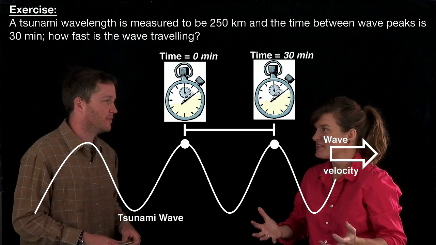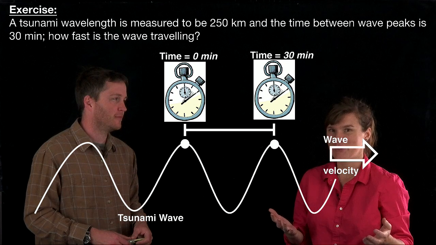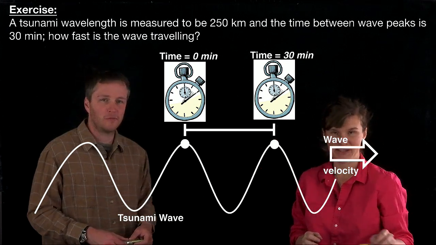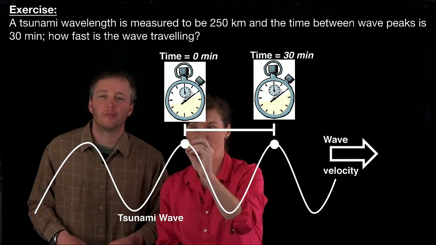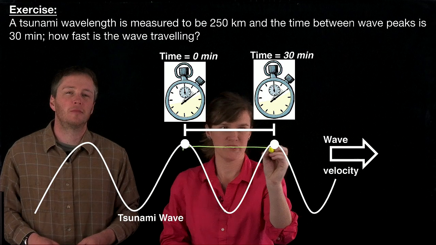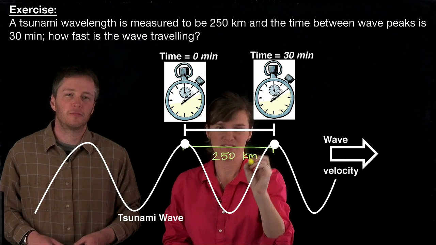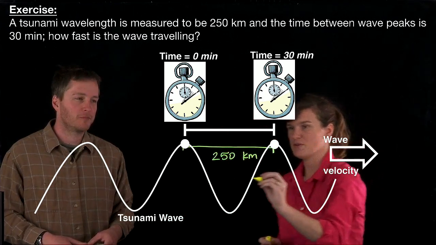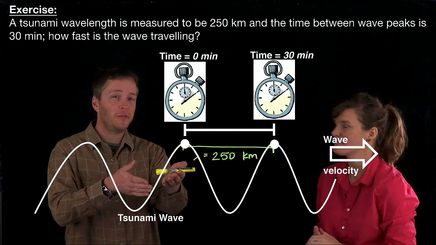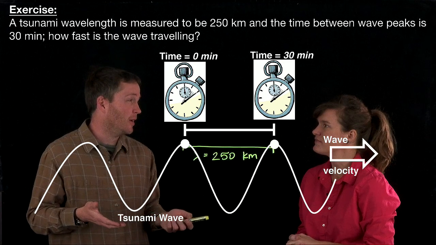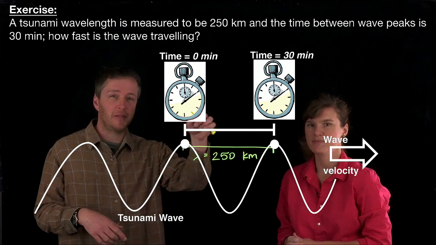Okay, so we just went over some general characteristics of a wave, and here we're given an example of a tsunami wave, and we're told that the tsunami wavelength is 250 kilometers. If we measured from peak to peak, this distance is 250 kilometers, or lambda. We're also interested in the period of the wave, and that's denoted here by the stopwatches.